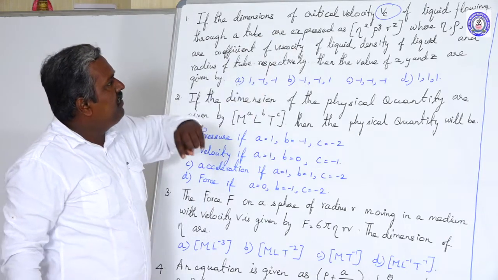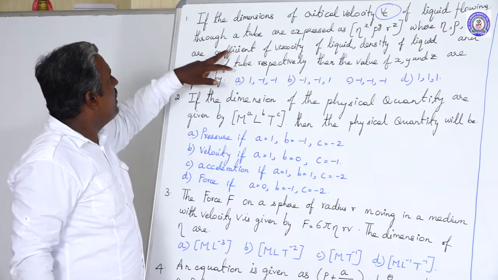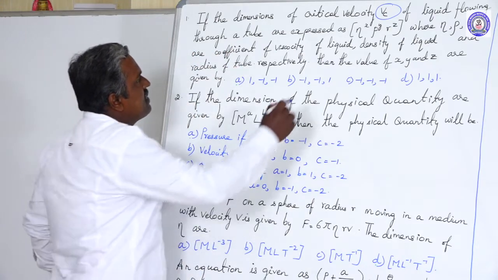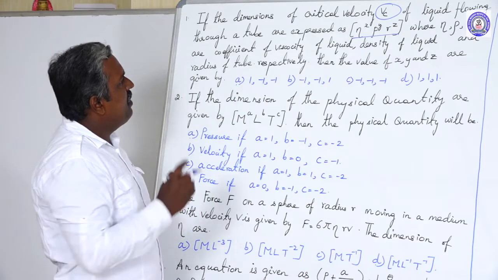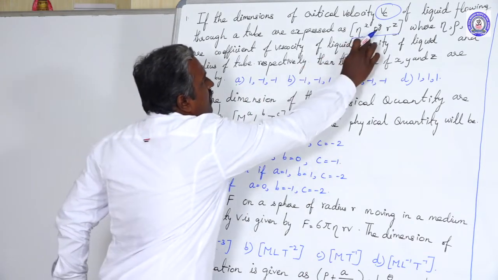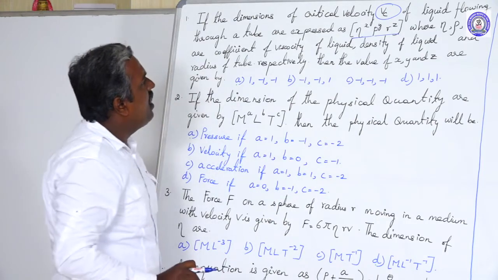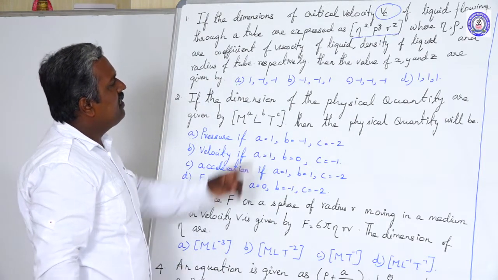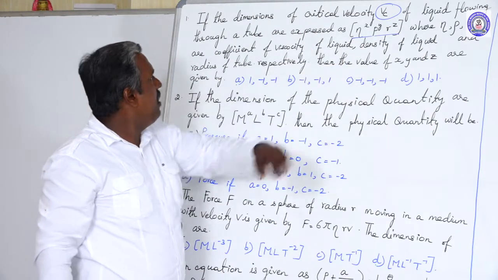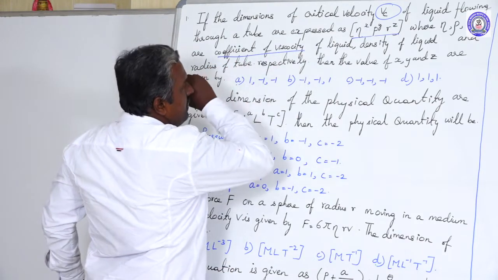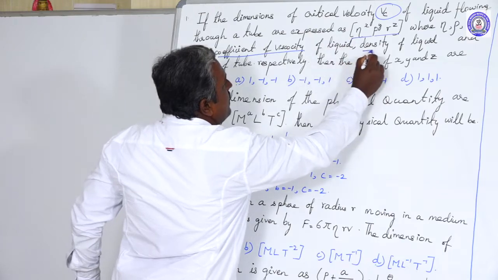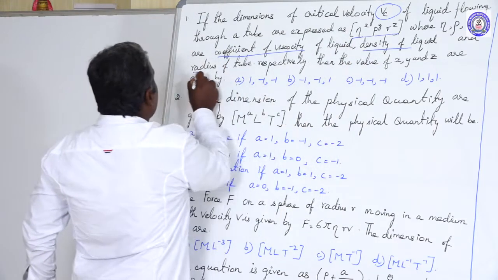Of a liquid flowing through a tube are expressed as Vc = eta^x rho^y r^z, where eta, rho and r are the coefficient of viscosity of the liquid, the density of the liquid and the radius.